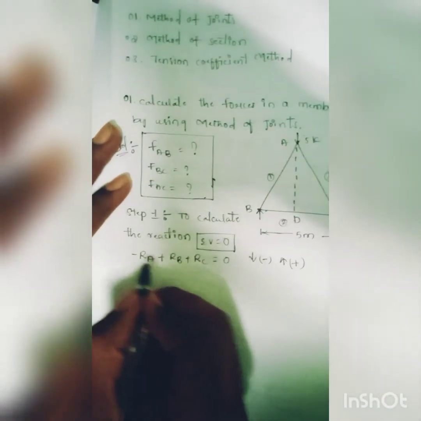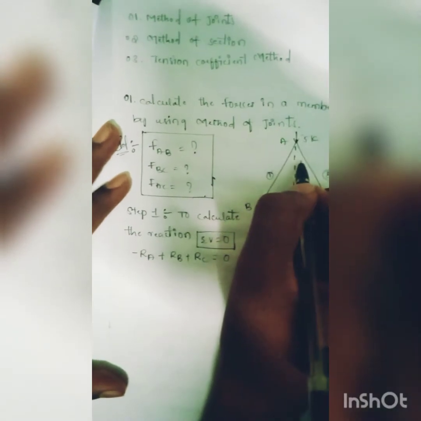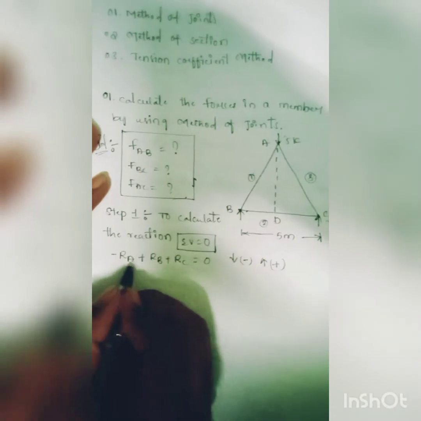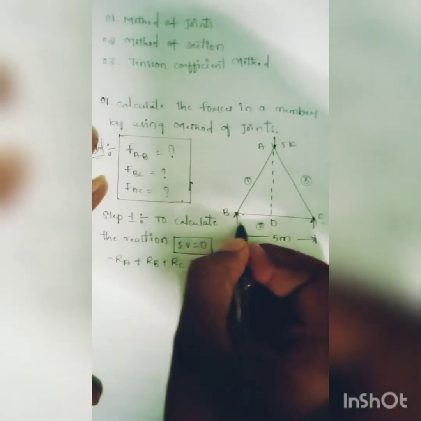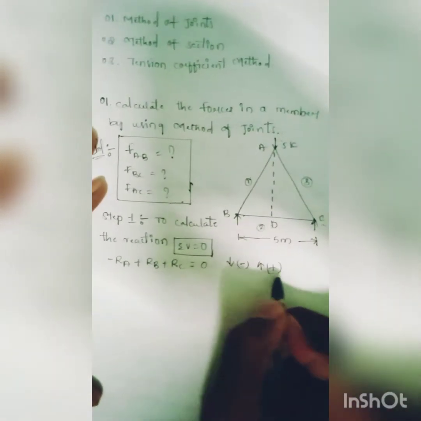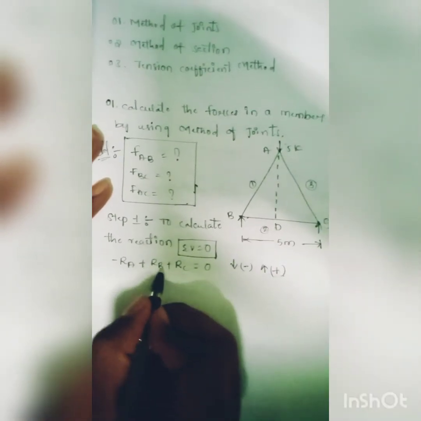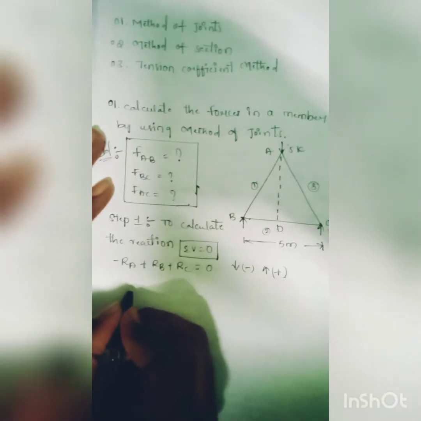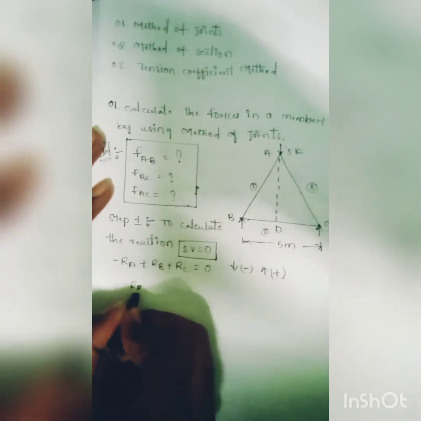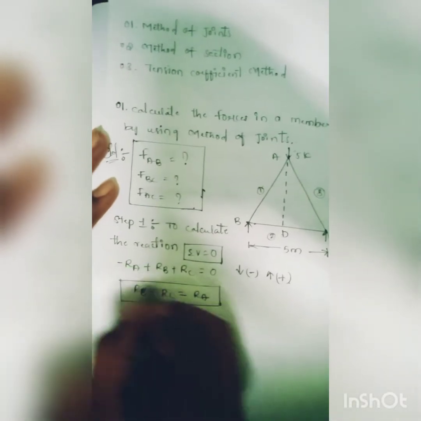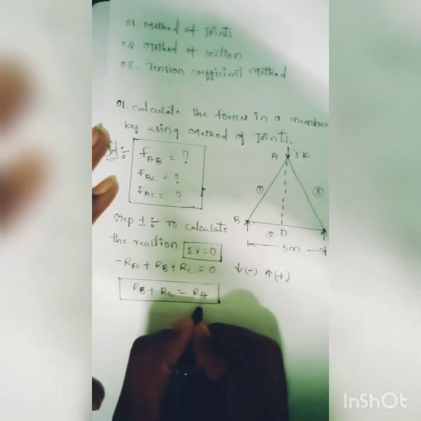Minus RA means it is a downward force, so we consider it negative. RB goes in the upward direction, which is positive, and RC is also going upward. So RB plus RC equals RA. Sending this minus RA to the right side, it becomes plus RA.